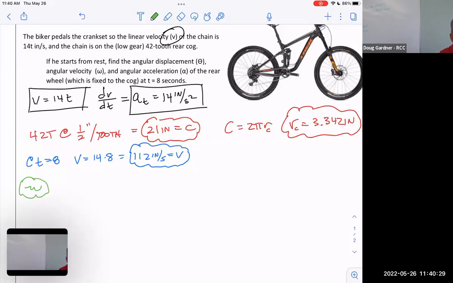So let's try to find omega, the angular speed. Well, didn't we say that velocity was equal to radius times angular speed? Since I just found out that the velocity is 112, and the radius of the cog was 3.342.